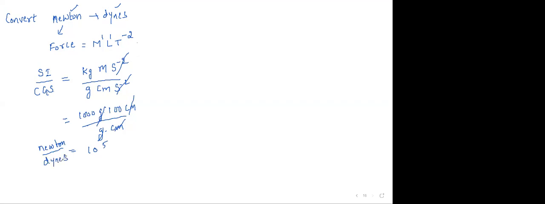If I do the cross multiplication, I am going to get 1 Newton is equal to 10 power 5 dynes. So 1 Newton equals how many dynes, students? 10 power 5 dynes.